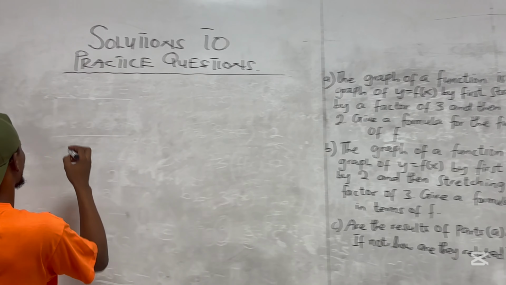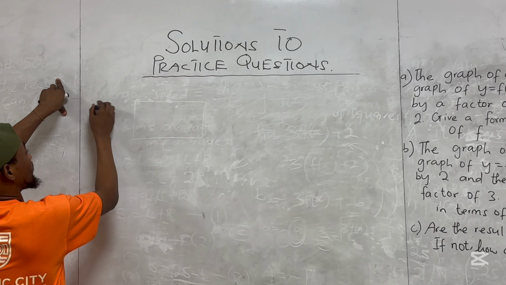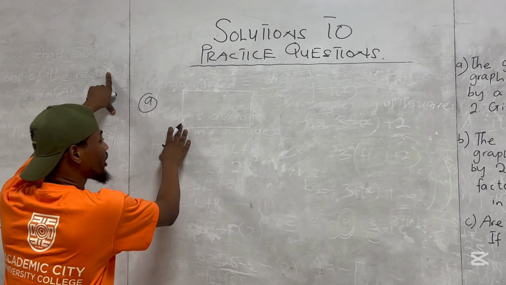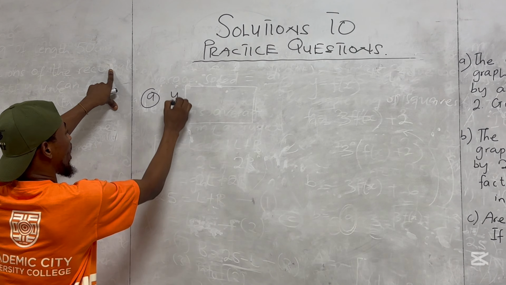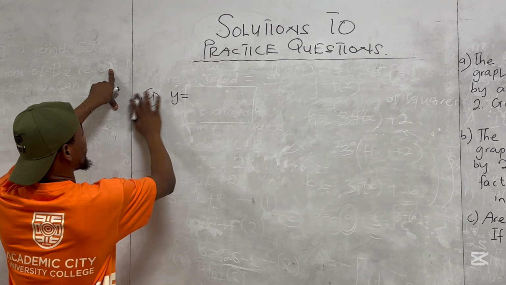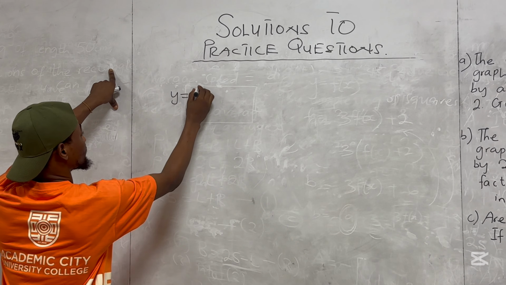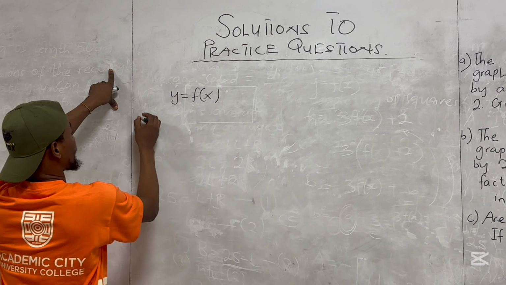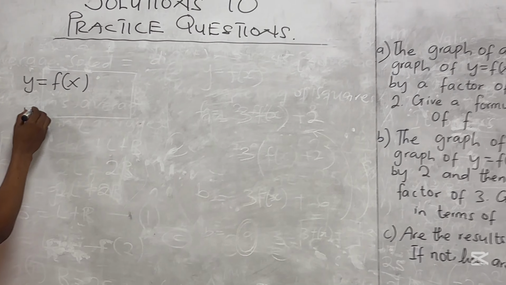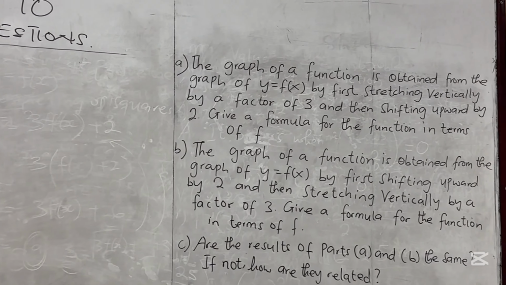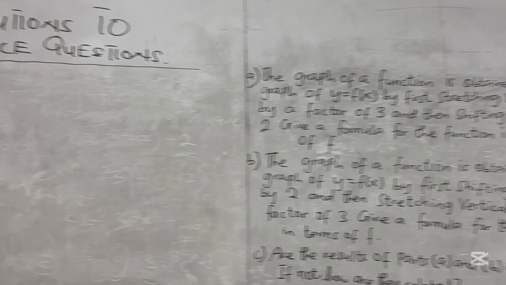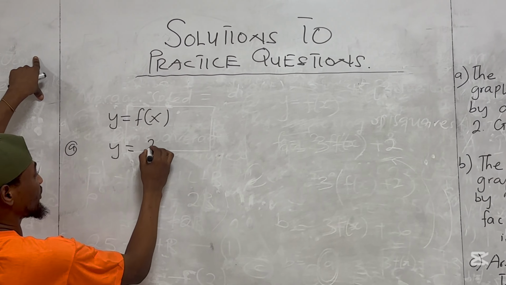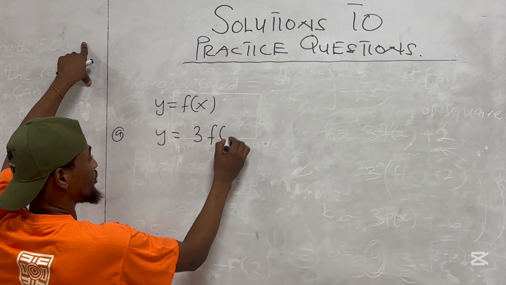So I have A, saying it's obtained from the graph of y is equal to f of x. They are saying by first stretching vertically by a factor of 3. Okay, so we have 3, then f of x.